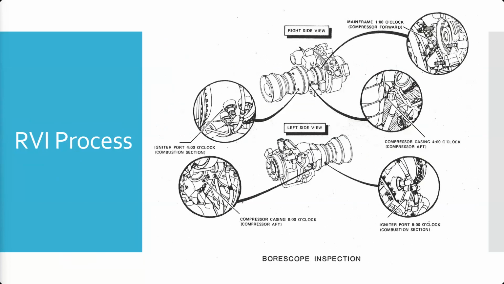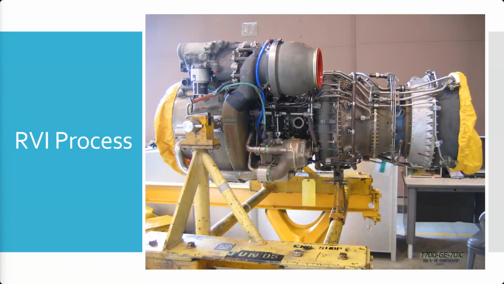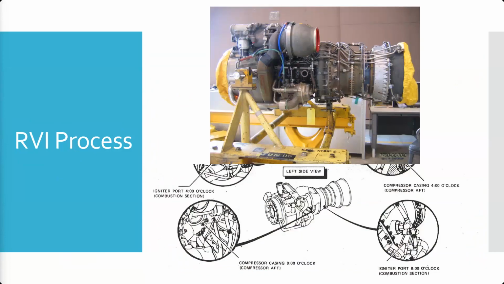So there's different accesses. So here's that same engine showing several different ports. Some of them, again, are things like the igniters. Some of them are dedicated plugs. Here's the igniters, dedicated plugs, other various ports on compressor ports and stuff. So there's the engine, and you kind of put them side by side.